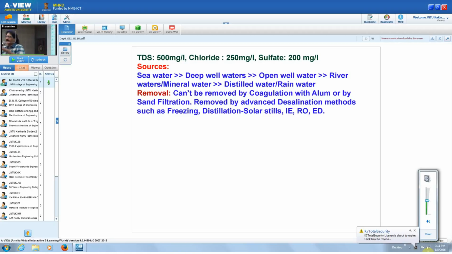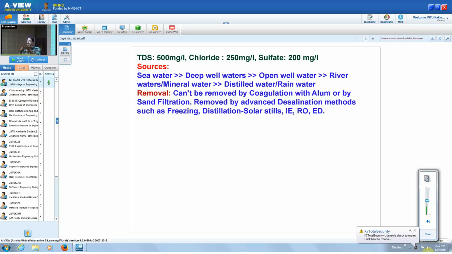But chloride, can it be removed by filtration? No. It can be removed only by advanced desalination or demineralization methods like freezing. You have already seen freezing is a technique: you get pure water from seawater.